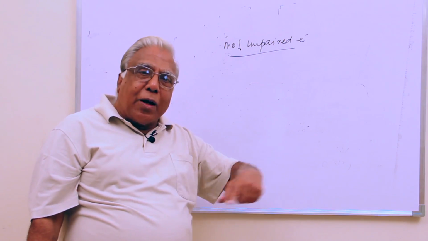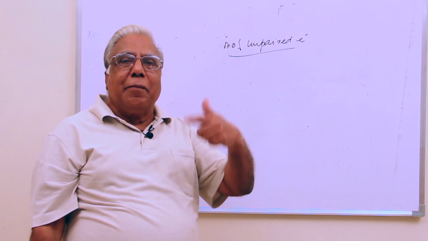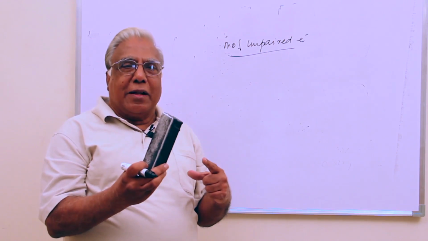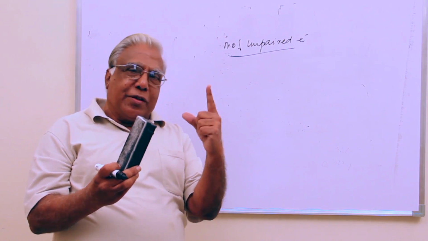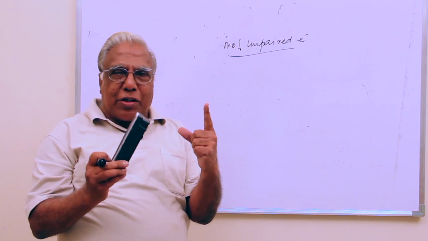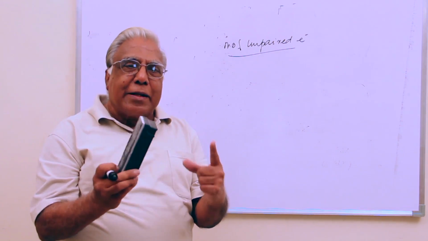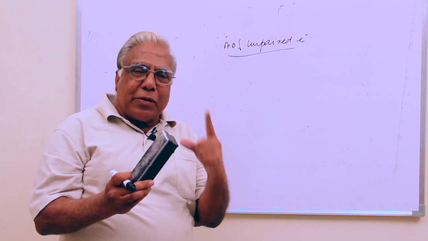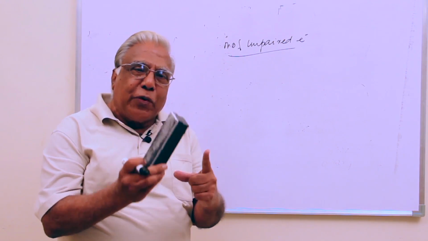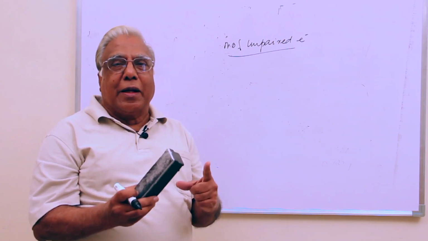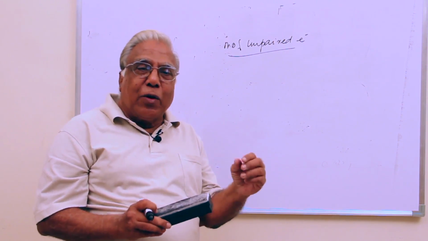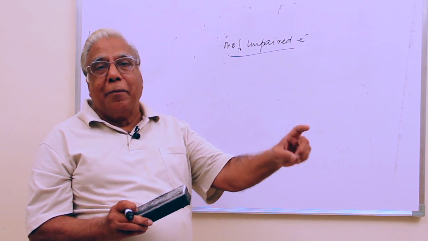When the electron spins around its own axis, it generates a magnetic field. So if two electrons are present in an atomic orbital, one spinning in one direction and the other in the opposite direction, they create magnetic fields which oppose each other. That means two electrons with opposite spins in a particular orbital have no net magnetic field, and therefore we call that substance diamagnetic.